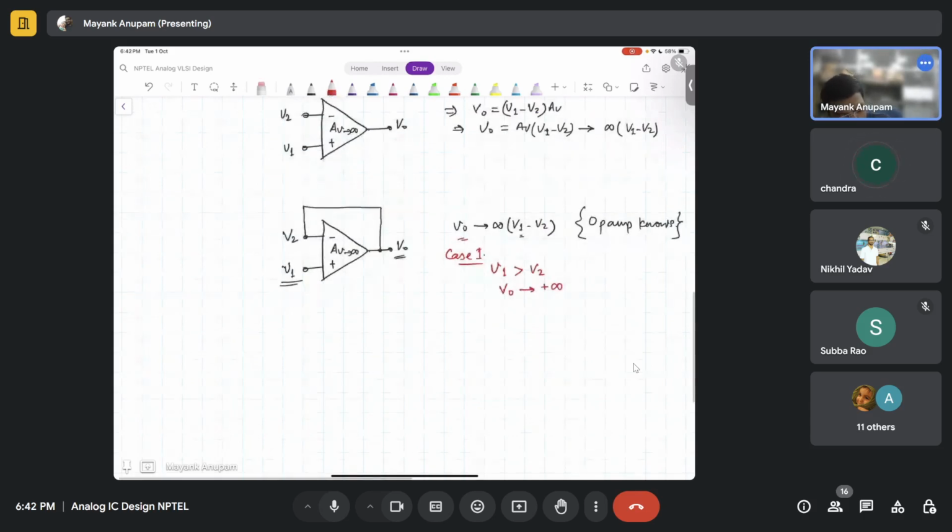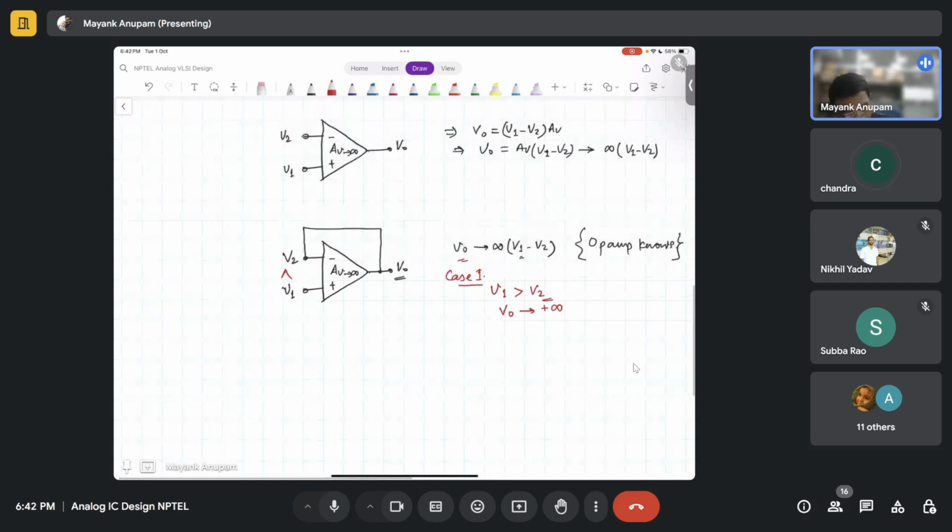So you can see that the moment V1 becomes greater than V2, what is going to happen to V0? It's going to blow up to infinity, right? So you can see that this is not possible because this is also directly shorted to this guy.